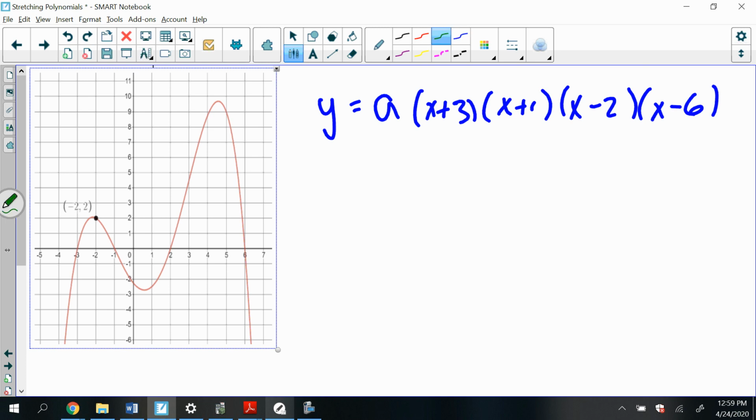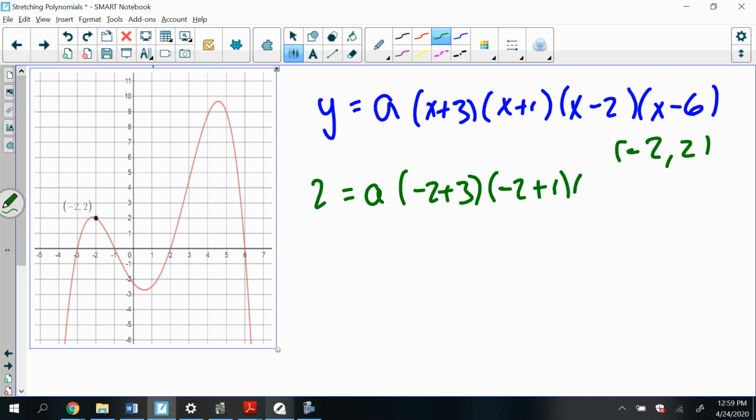They gave me a coordinate of -2, 2. So I plug in my 2. I don't know what a is, but then I go -2 plus 3, and -2 plus 1, and -2 minus 2, and -2 minus 6.